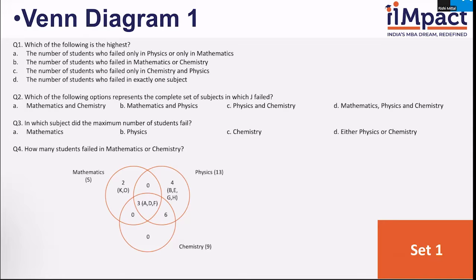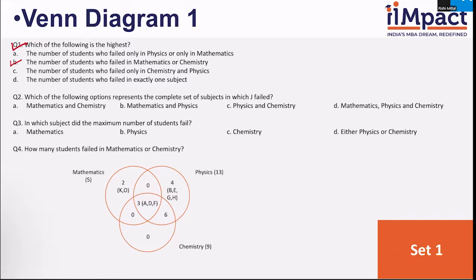So apart from people who have only passed in physics, I will take all of them. So this will be 11 because we know total people over 15, right? The number of students who failed only in chemistry and physics is 6. Okay. Number of students who failed in exactly one subject is also 6.